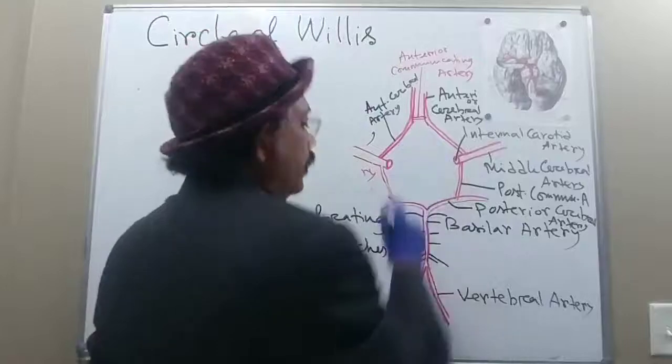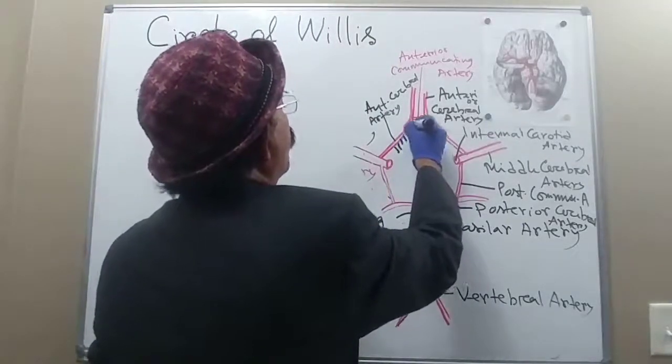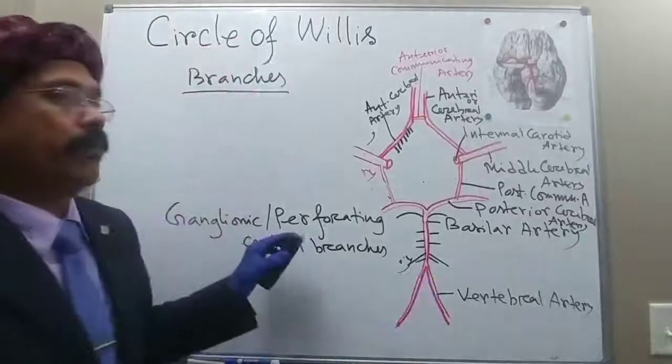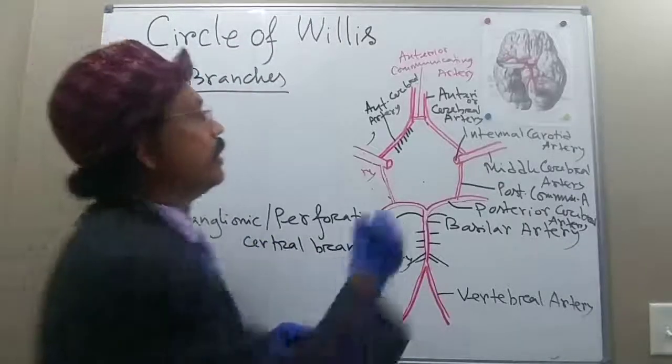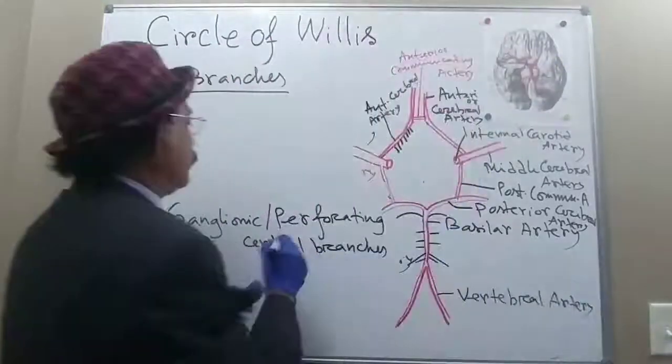the anteromedial group. We have the anteromedial group, a lot of small ganglionic or perforating branches. This will supply the optic chiasm.